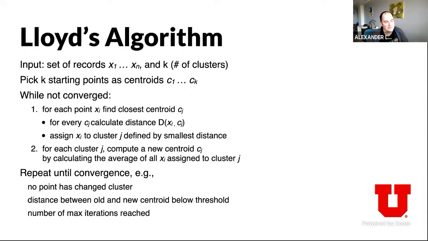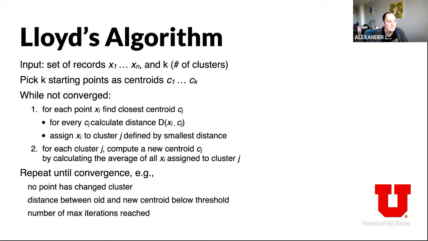Then for each cluster, you compute a new centroid by calculating the average of all points assigned to that cluster. So first, in every step, you find the centroid that best represents a given point. And after that, you update your centroid. And then you repeat this until convergence.